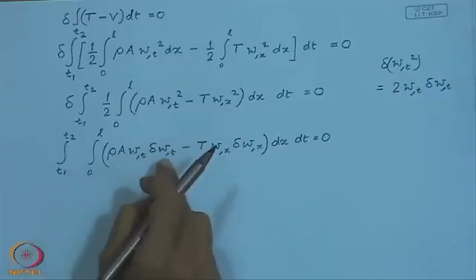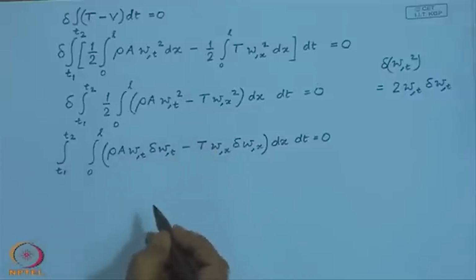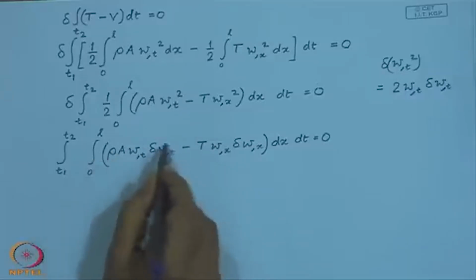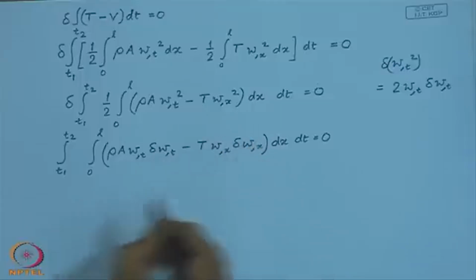Now, to obtain that, I integrate by parts these terms. This will be integrated by parts with respect to time, and this will be integrated by parts with respect to the spatial coordinate x.